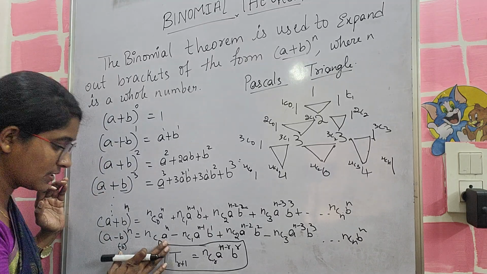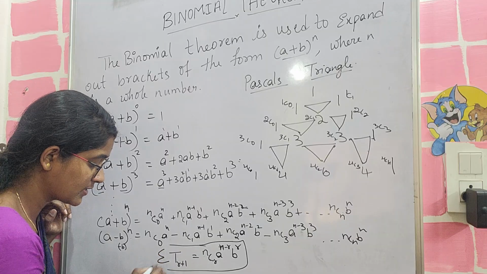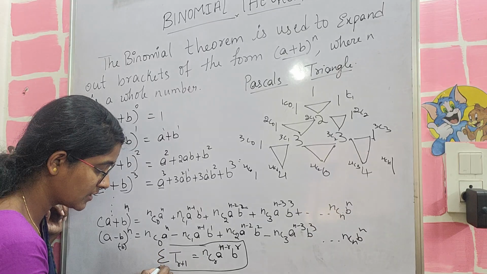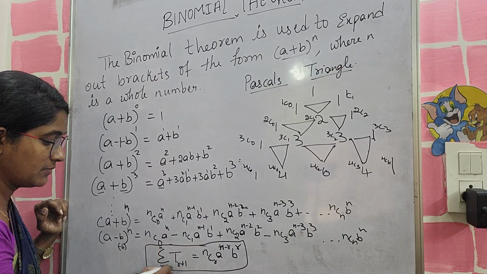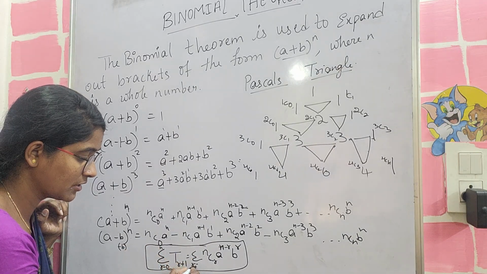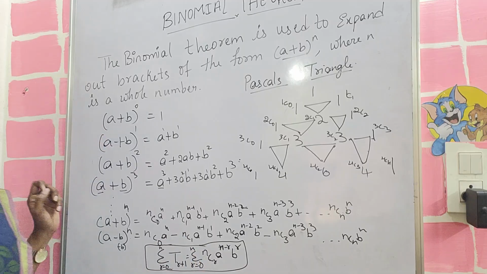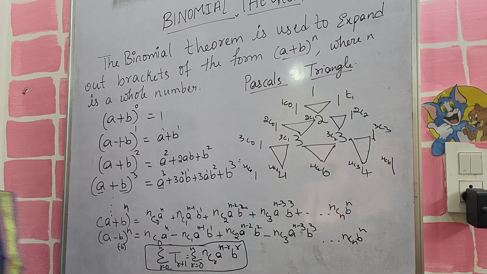Suppose here, because we are taking all the terms, the sum of all. So sum of all is what? Sigma r equals 0 to n, right? So n terms you will write it here. So here is also sigma r equals 0 to n. So if you write the format like this, it shows all the terms over here. Okay.